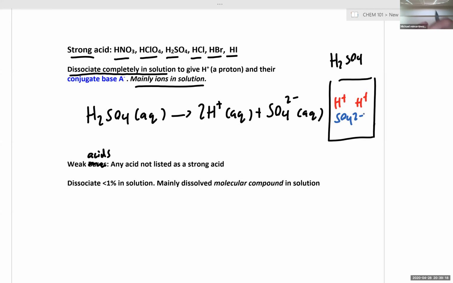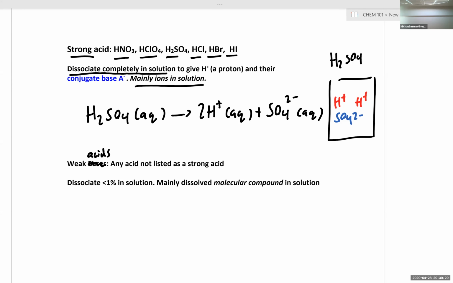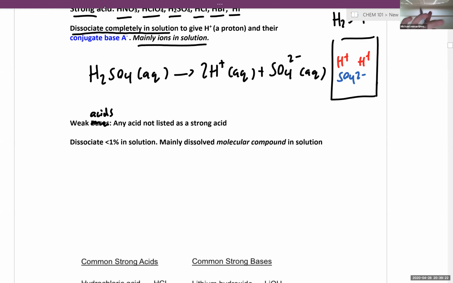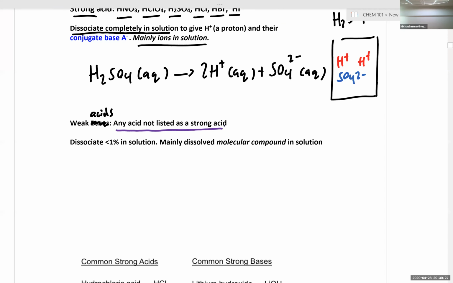Okay? So strong acids, you completely dissociate. Weak acids, however, are any acid not listed as a strong acid, and they dissociate less than 1% in solution. So for weak acids, we have mainly dissolved molecular compounds.